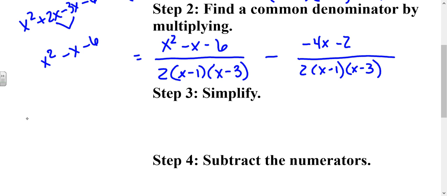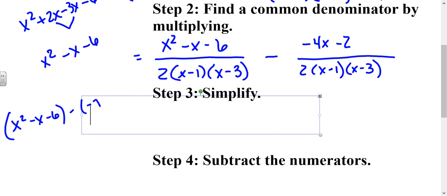So when you think about this, remember, it's like x squared minus x minus 6, that's one quantity, minus negative 4x minus 2. And so when you're subtracting, you have to really either watch your signs or you can do the keep, flip, change.